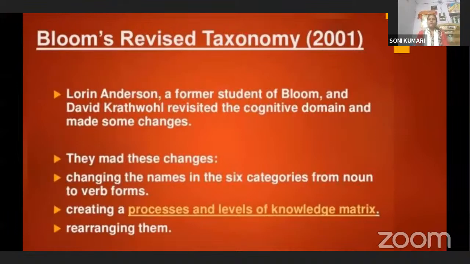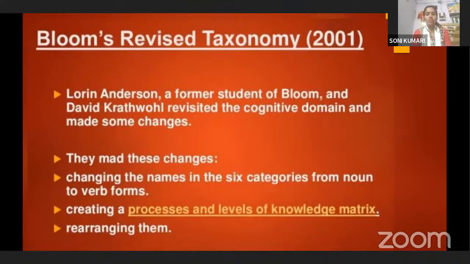Now I want to go to Bloom's taxonomy as revised by his student, Lorin Anderson. Lorin Anderson, a former student of Bloom, and David Krathwohl revised the cognitive domain and made some changes. They changed the names of the six categories from noun to verb form.